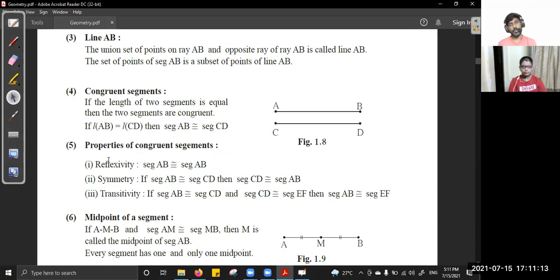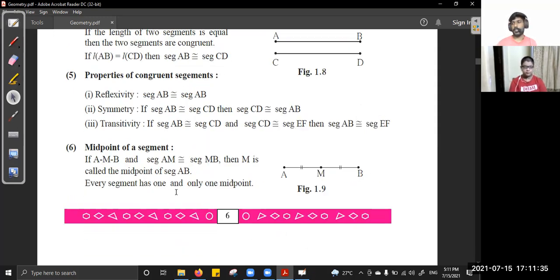That means if first is congruent to second, second is also congruent to first. And third one says transitivity, which is if first segment is congruent to the second one, and second one is congruent to the third one, then first segment and the third segment are also congruent. Clear? Do you remember these properties?